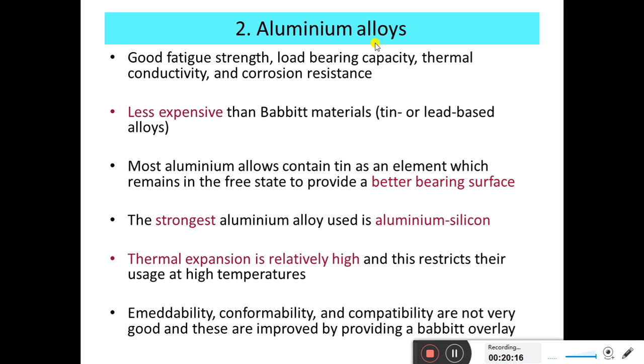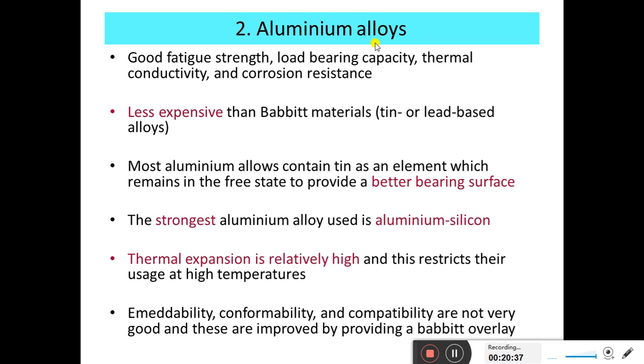Thermal expansion is relatively high when compared to the previous one or compared to steel and others. The thermal expansion is obviously high because it will conduct more heat. If it has more conductivity, it also has more thermal expansion.